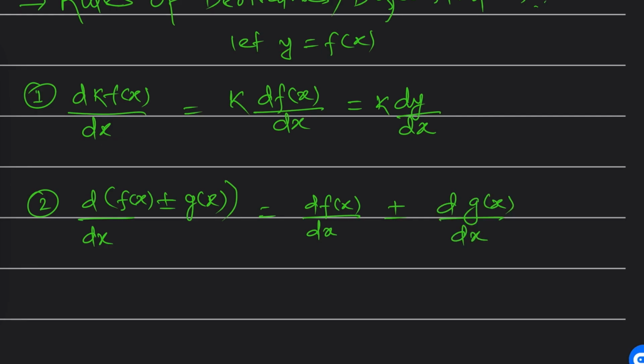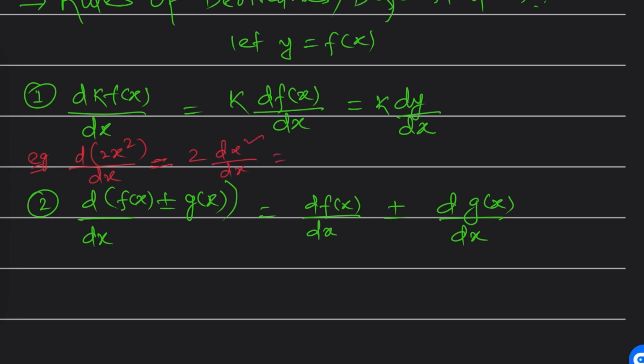I'm going to discuss the application, not to worry. Example: differentiation of 2x square with respect to x. From the above rule, 2 should come out because 2 is a constant. So 2 times the differentiation of x square by dx.